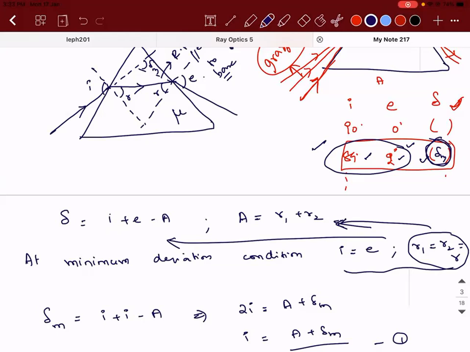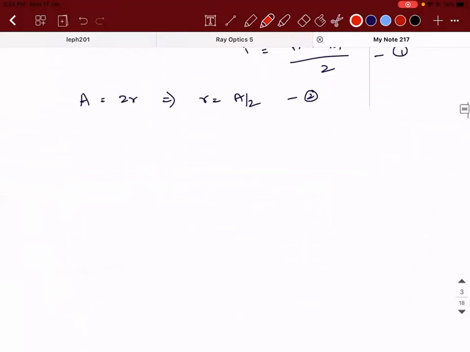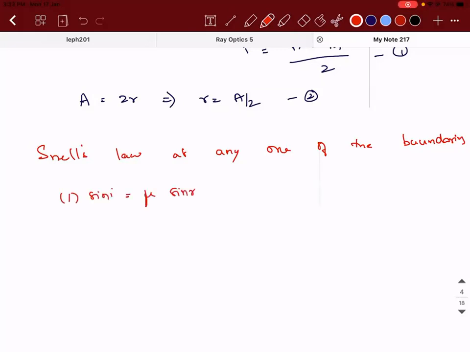Snell's law. So if you apply Snell's law at any one of the boundaries, then 1 into sine I will be equal to mu into sine R.